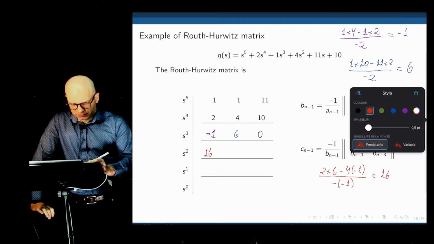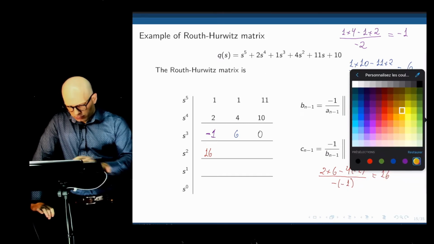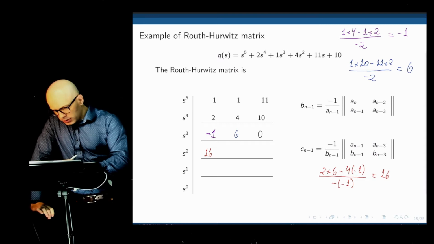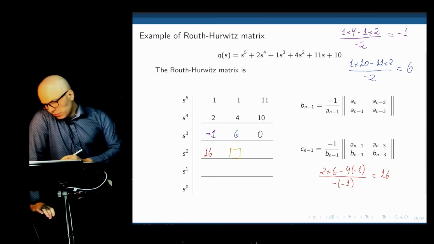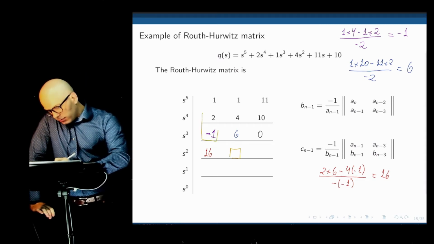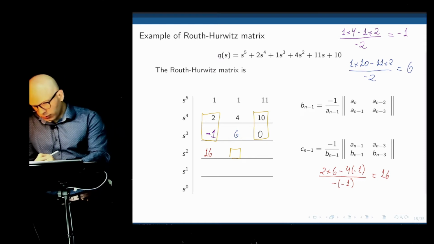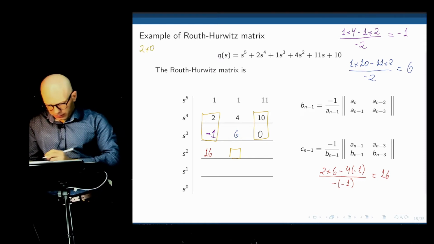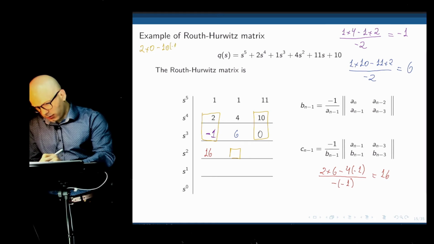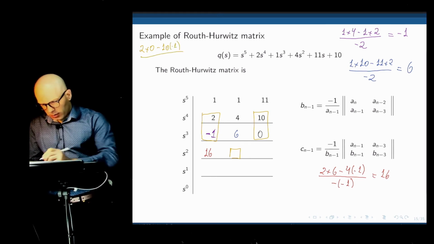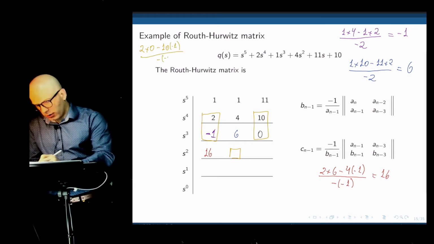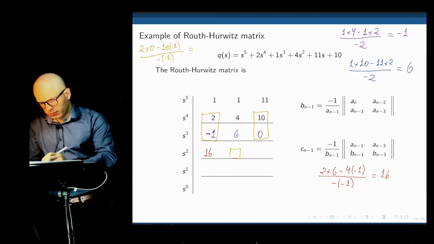Are we good? Yeah. Now what is this one here? This one will take this column, that one. And this number is 10. 2 times 0 minus 10 times -1 divided by -1, which is 10.